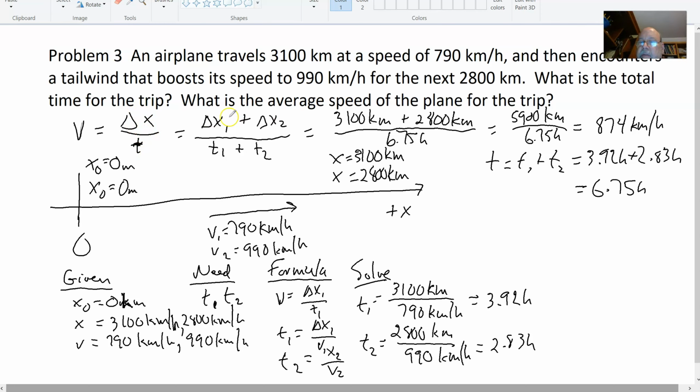So since you have two motions, you have to sum each motion together. I have to sum the displacements, x1 and x2, and then I have to sum the times. We were given the displacements, we had to figure out the times, and I showed you how to find those times in the way that we want to do in physics class. Then we added the two times together and got 6.75 hours, and we divided the overall distance by that, and we got our answer. Okay, let's go ahead and go to the next problem.